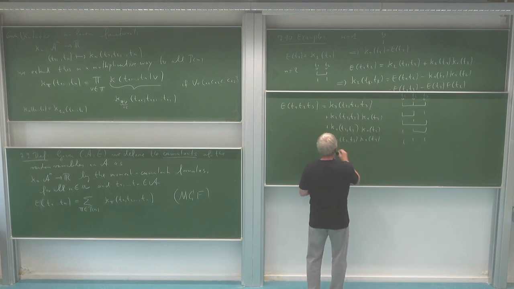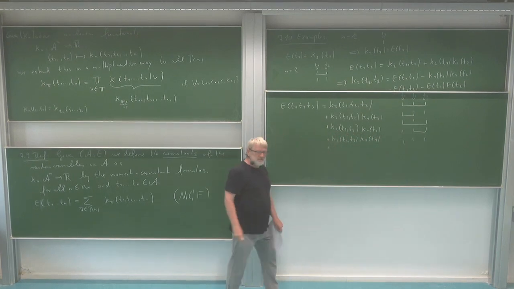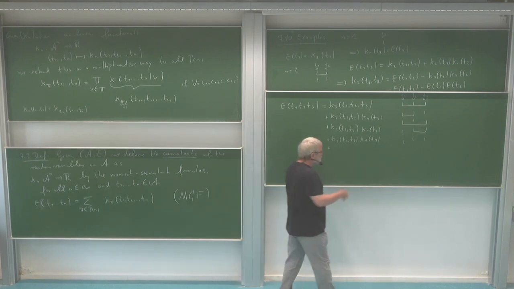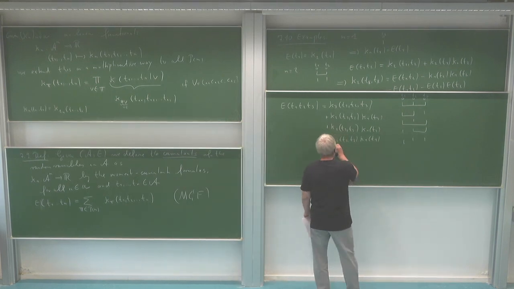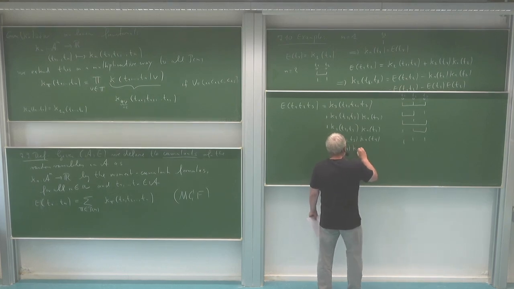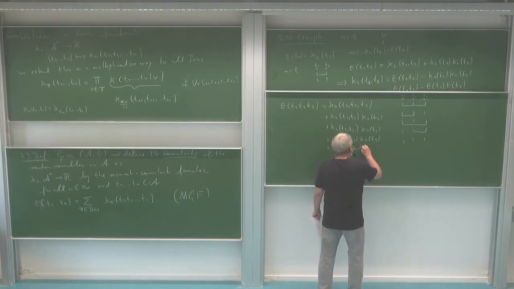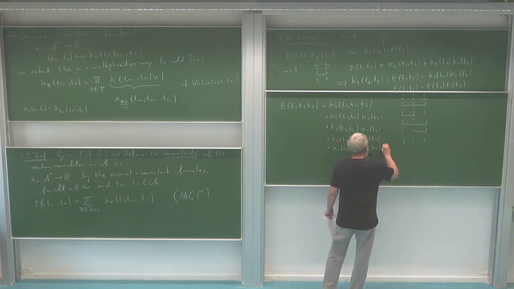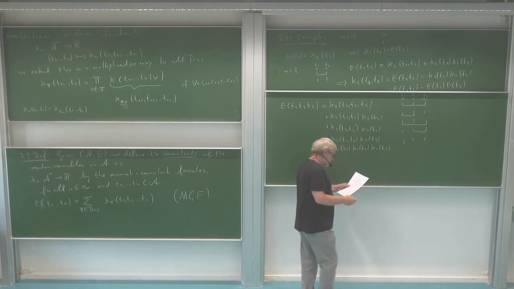And in the last one, I just have 3 blocks, each containing 1 variable. So it's just a product of 3 kappa 1s, kappa 1 of T1 times kappa 1 of T2 times kappa 1 of T3.